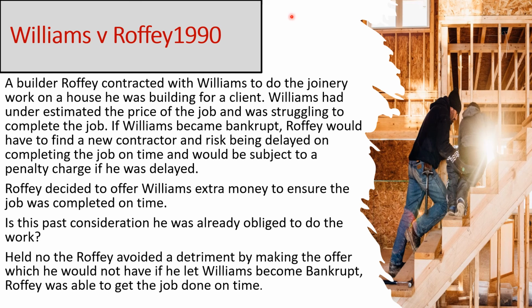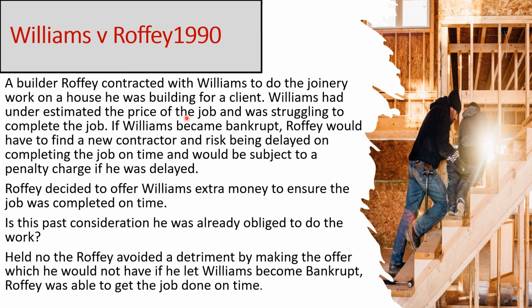This case, Williams v Roffey, 1990, involves a builder and a subcontractor joiner or carpenter. The builder, Roffey, contracted with Williams to do the joinery work on a house he was building for a client. In fact, it was several houses, but we'll just talk about one for now.